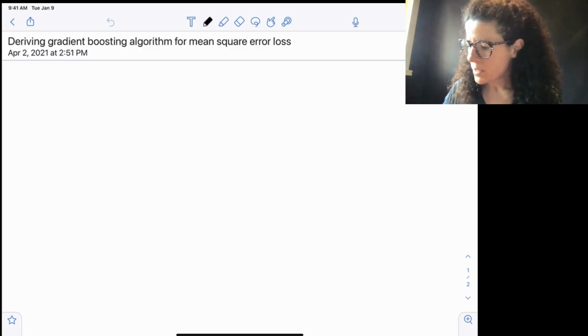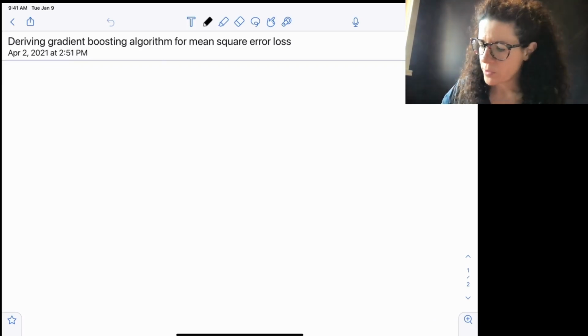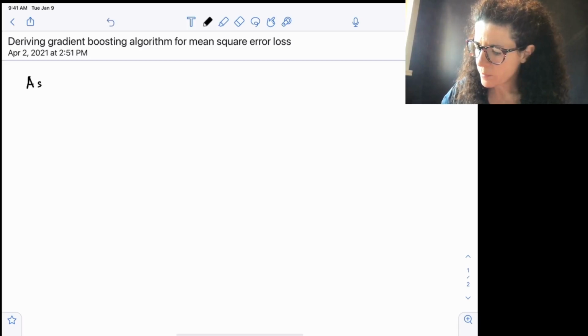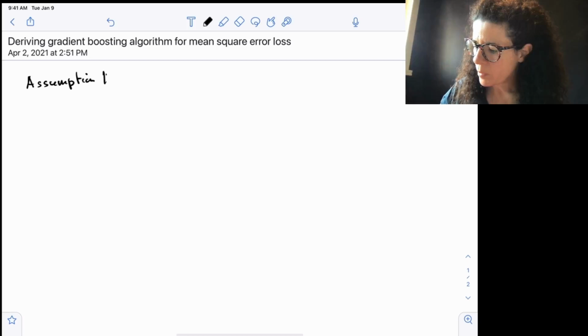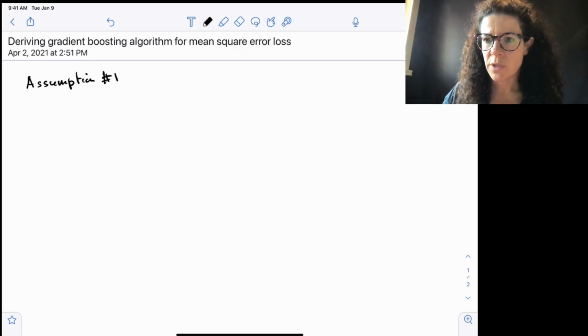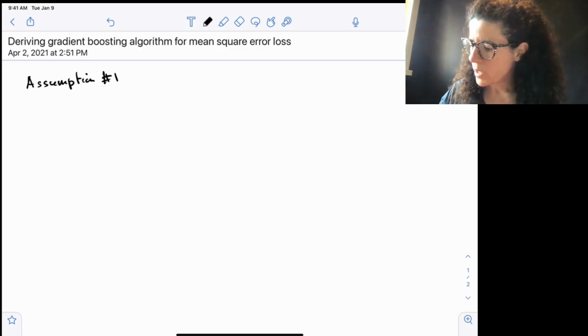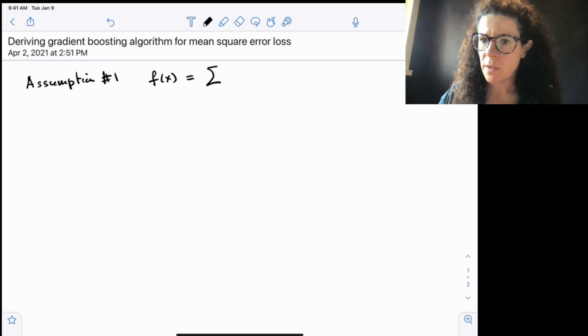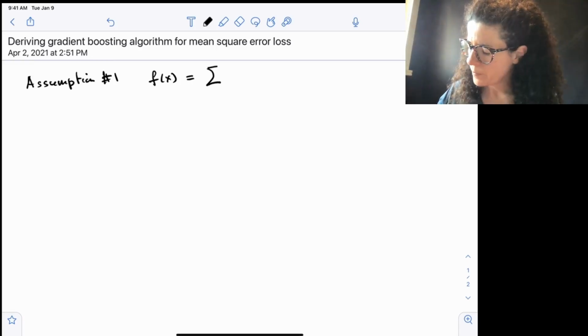So, let's talk about some assumptions first. One of the assumptions of gradient boosting is that we are going to find a model that is a sum of some base models.